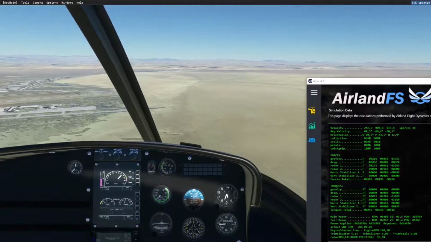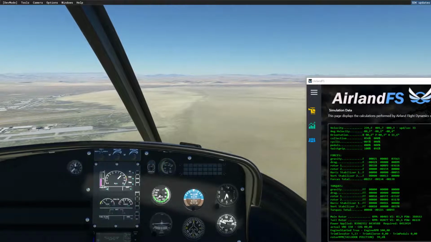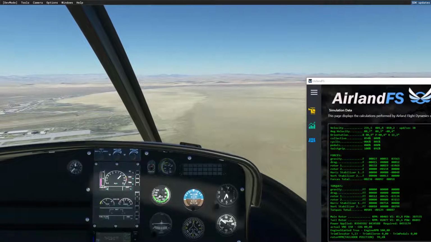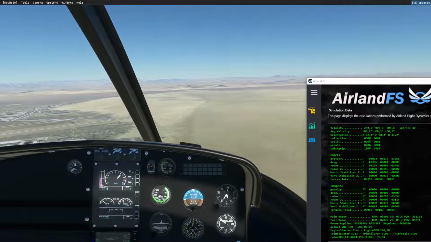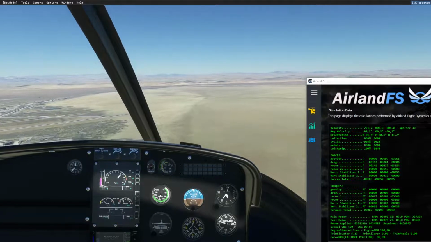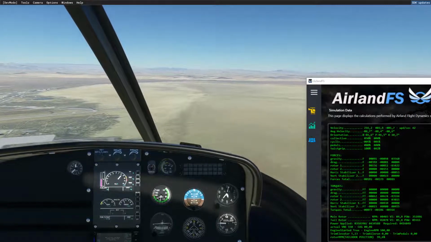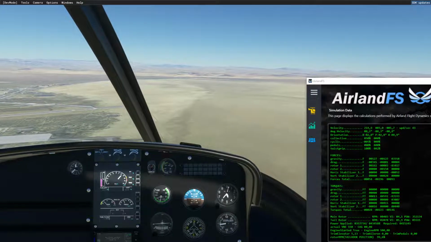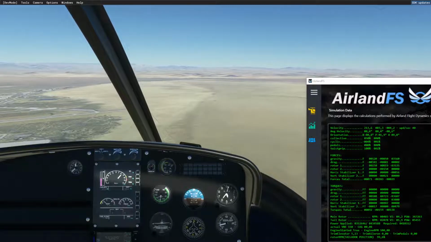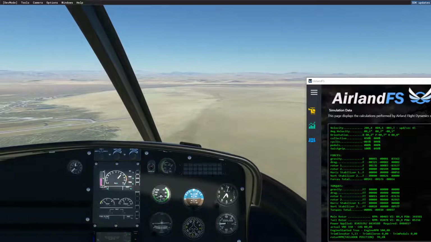Let me just drop it down in order to get 120 knots and my proper speed. If you look on the fourth line in the AirlandFS window, this is my collective. So let's say I'm here at about 50% collective. I want to climb, staying at 120 knots, and I will have to increase my collective a little bit.